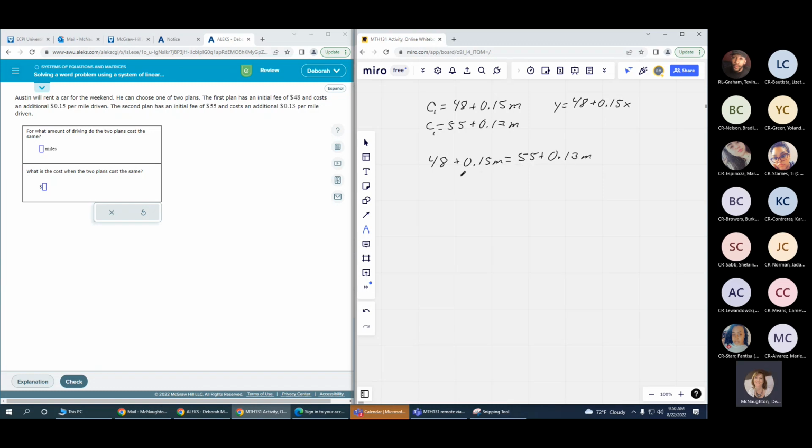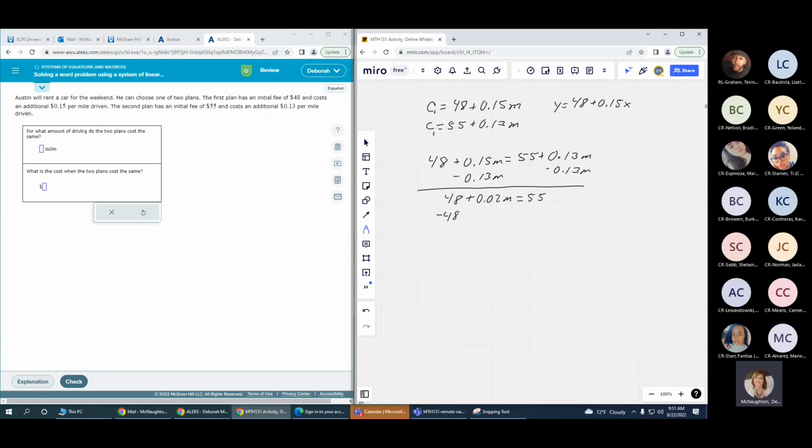I like my number with my variable to be positive. So I'm going to subtract 0.13 m from both sides. 48 plus 0.02 m equals 55.